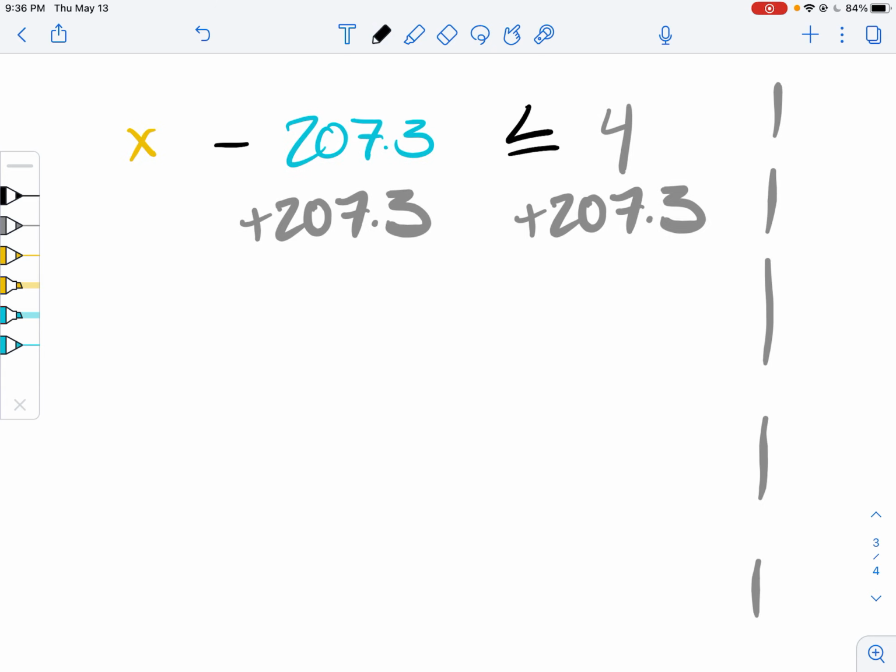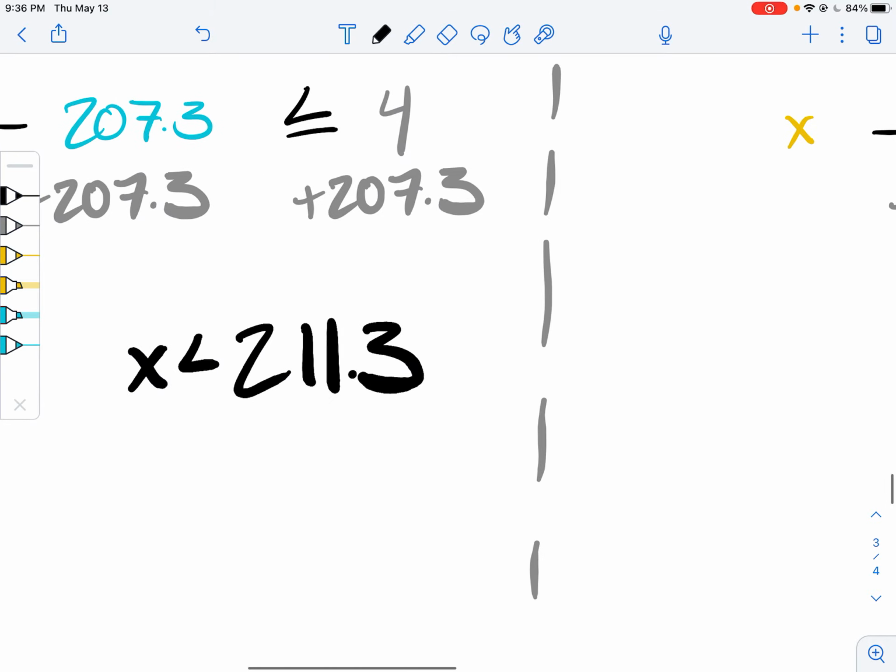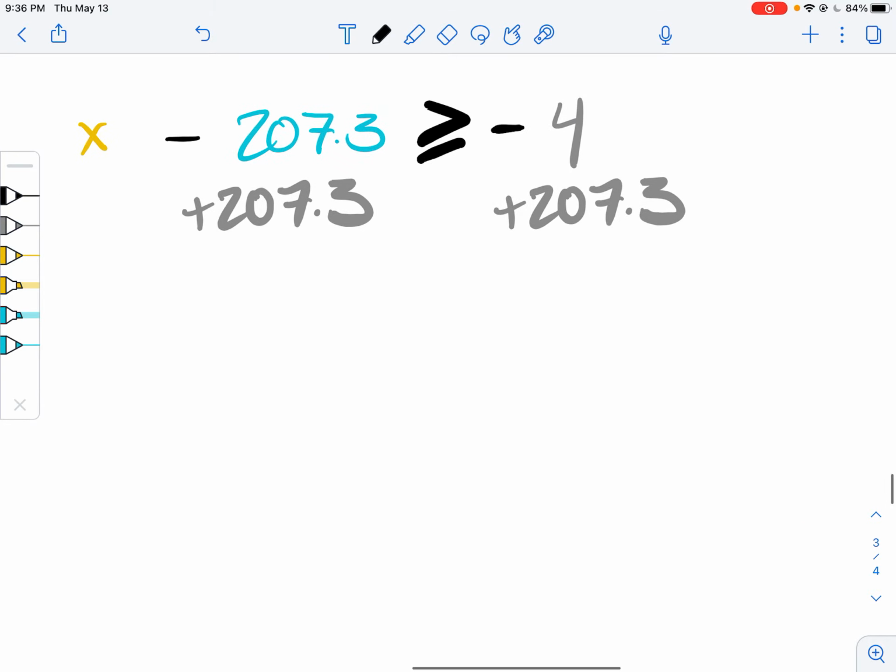So this will give us that either X is less than or equal to 211.3, or X is greater than or equal to 203.3.